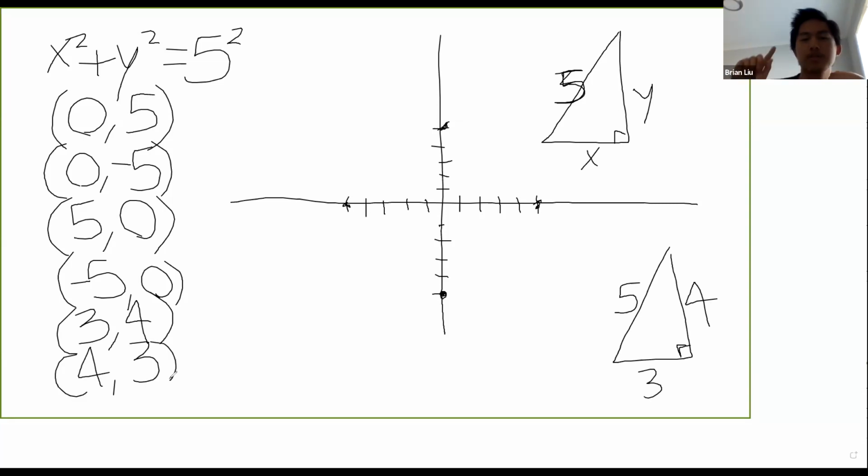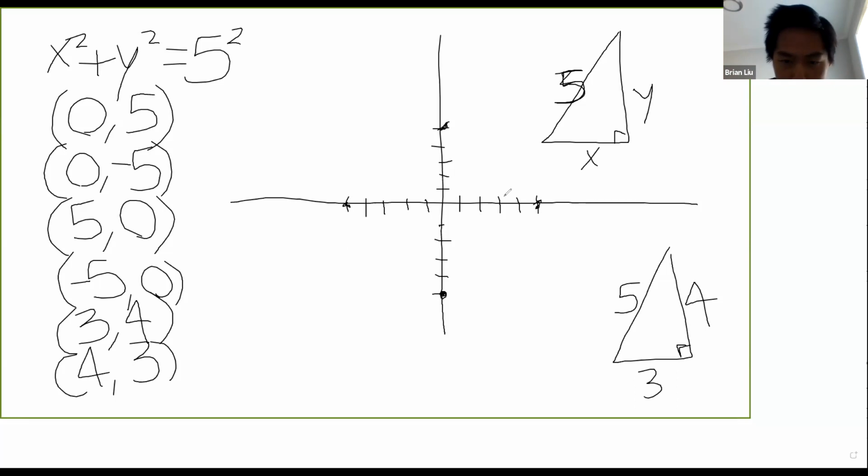And although lengths are positive, and negative lengths would require a different treatment, here on the x-axis and y-axis, you can have positive or negative. So 3, negative 4 also works. 4, negative 3 also works. Negative 3, 4, negative 4, 3, and so on.